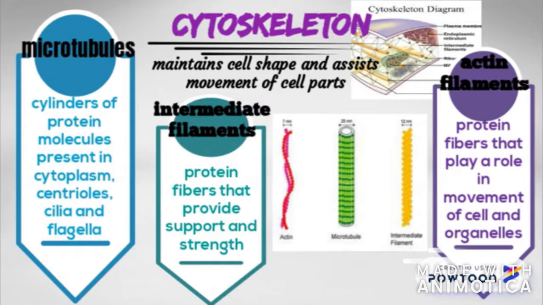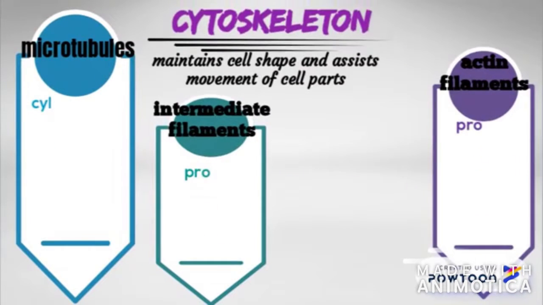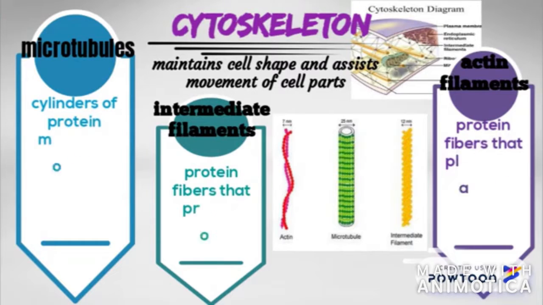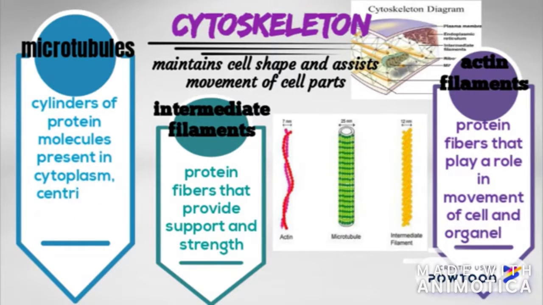It consists of three interconnecting proteins: actin filaments, the protein fibers that play a role in movement of the cell and organelles; intermediate filaments, the protein fibers that provide support and stretch; and microtubules, the cylinders of protein molecules present in cytoplasm, centrioles, cilia, and flagella.